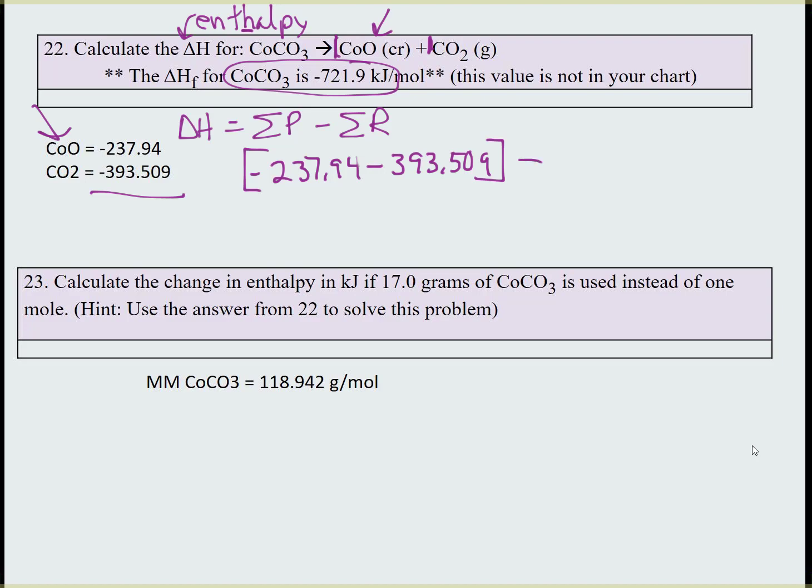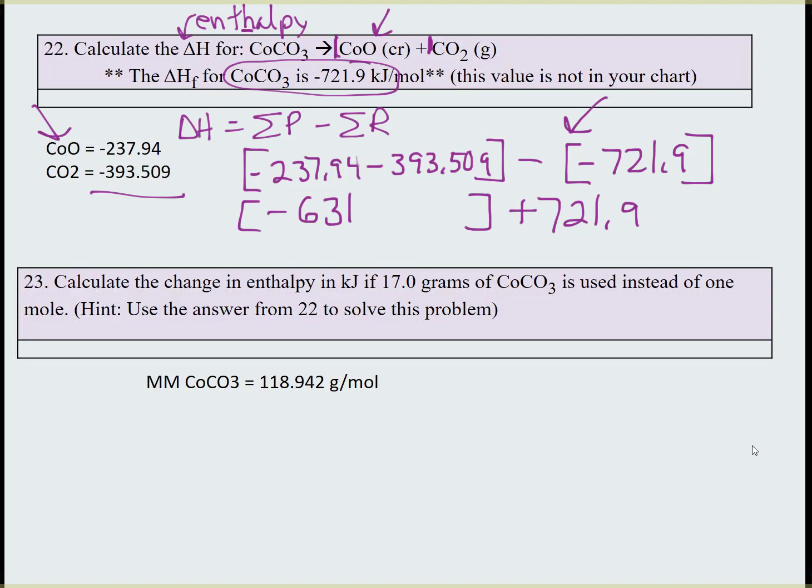And then I'm going to subtract the reactants. I only have one reactant, and it's given to me, minus 721.9. And so remember, if you have a minus times a minus, it's going to be a positive. And I can go ahead and add these together. I'm going to get a negative, I get a minus 631.449.